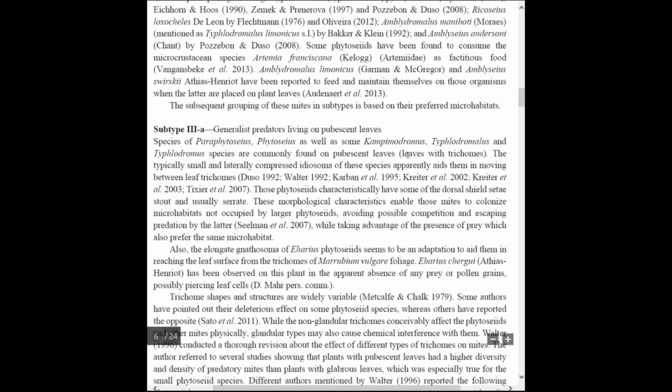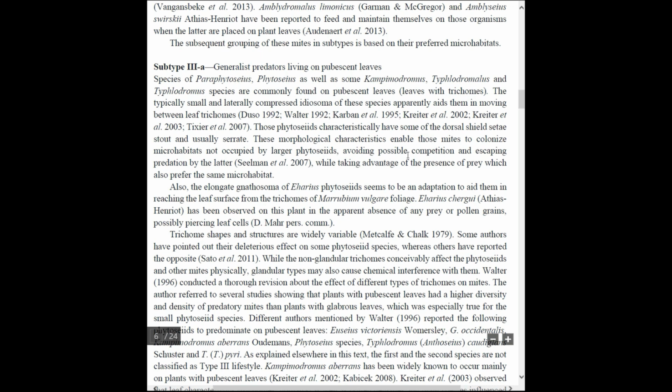Moving on from here, we have subtype 3A, generalist predators living on pubescent leaves. Remember, all of the generalists and subtypes for 3, so subtypes A, B, C, D, and E, all 5, they are basically subdivided into their microhabitat. In this case, hairy or pubescent leaves.